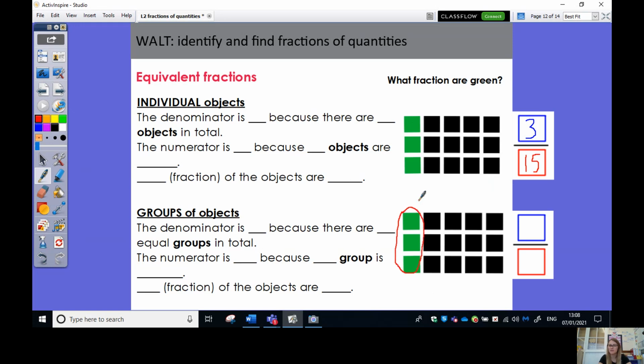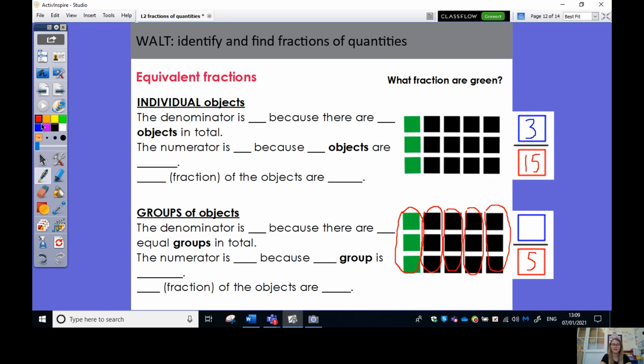Can I split the rest of the objects into equal groups like that as well? Hopefully you're saying yes, Miss Jones, because I can get 1, 2, 3, 4, and 5. So there are 5 equal groups of 3. So the denominator is going to be 5 because there are 5 equal groups in total.